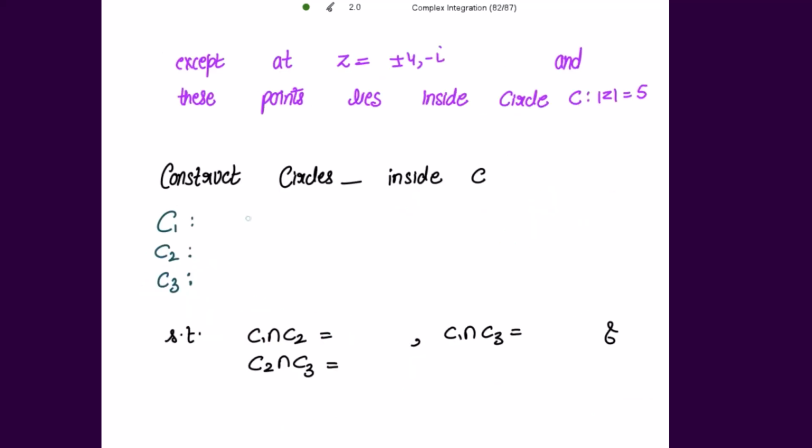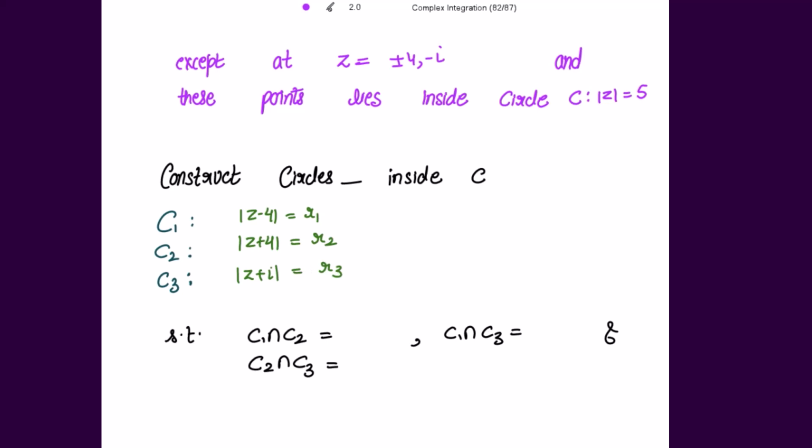So circle C1 is |z minus 4| equal to R1, because it is constructed around the point z equal to 4 as center. Circle C2 is |z plus 4| equal to R2. And the third circle is |z plus i| equal to R3.